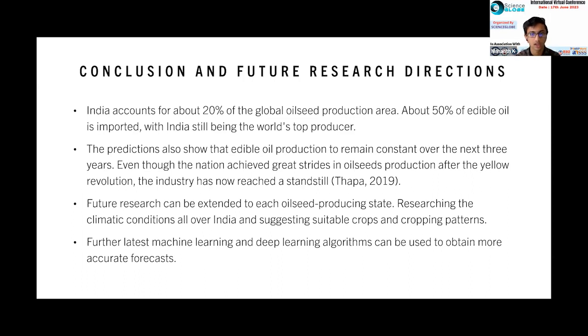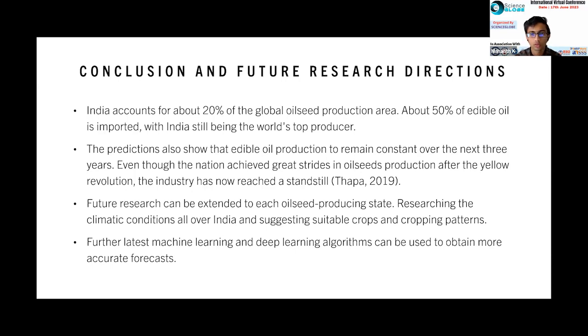Even though the nation achieved great strides in oilseed production after the Yellow Revolution, which was in 1985, the industry has now reached a standstill. We could also see from our predictions that both the values were 11 million tons for the upcoming years.